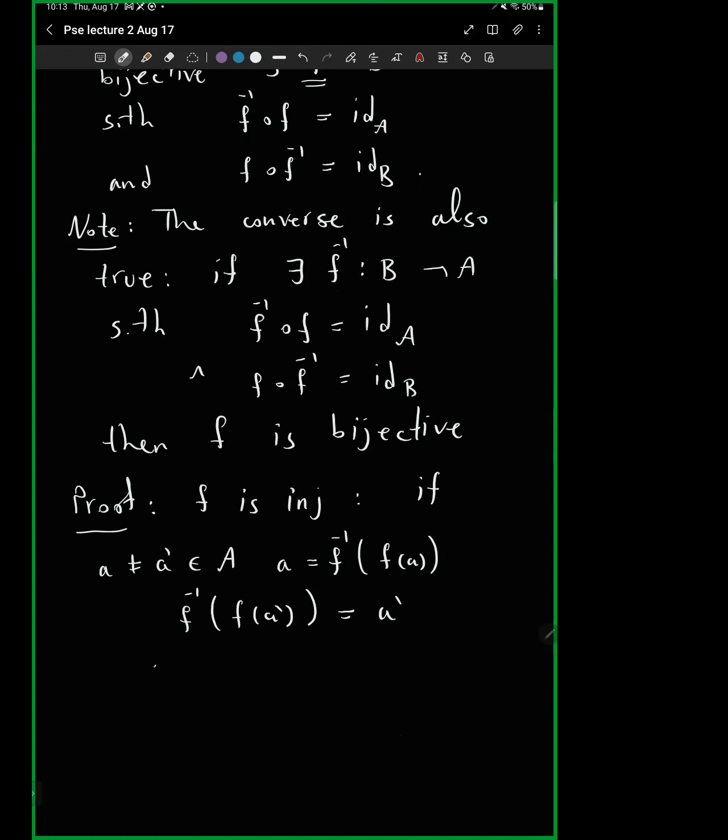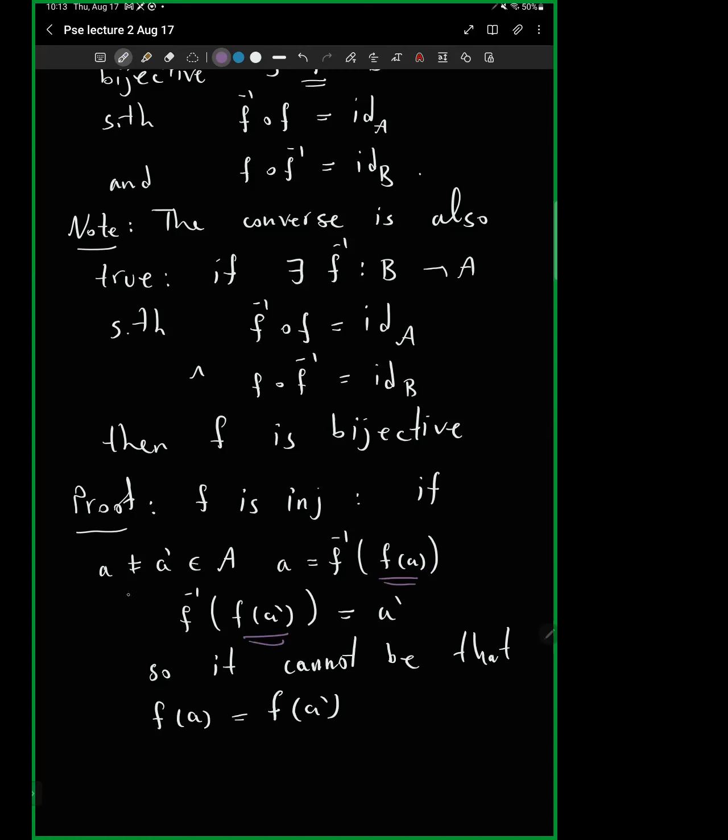So it cannot be that f of A is equal to f of A prime, because f minus 1 is a function. If these two elements were equal, then since f minus 1 is a function, it would have to associate to them the same output.